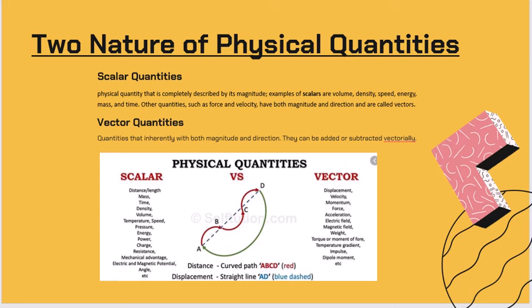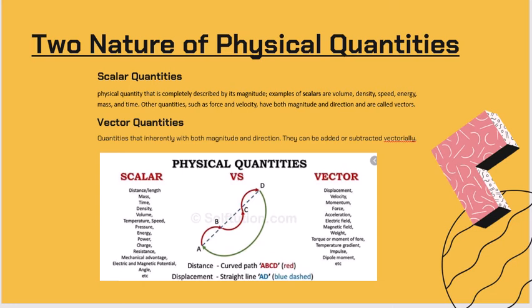Scalars are physical quantities that are completely described by their magnitude. Examples of scalars are volume, density, speed, energy, mass, and time. Yun yung sinusukat niya. Other quantities such as force and velocity, which have both magnitude and direction, are called vectors. Vector quantities inherently have both magnitude and direction, and they can be added or subtracted vectorially.